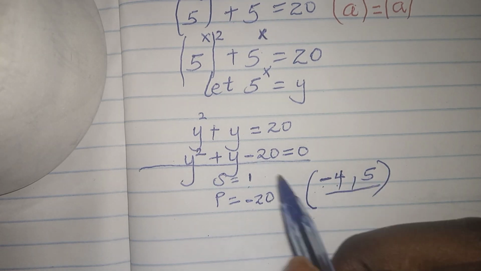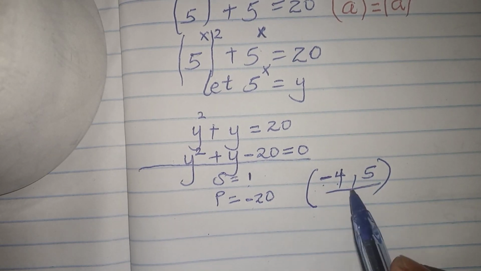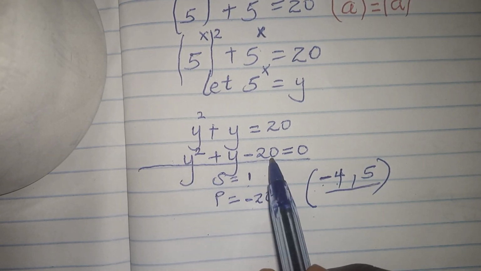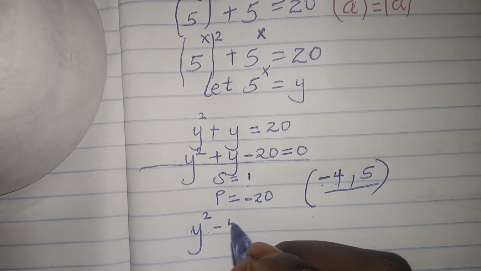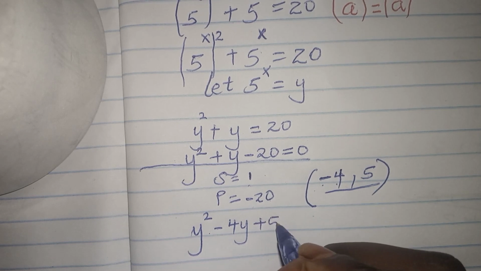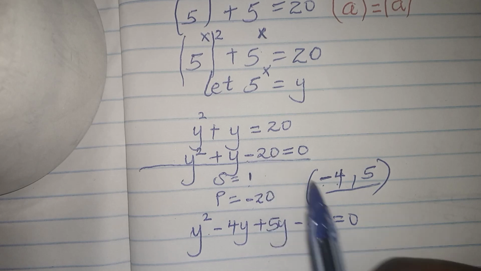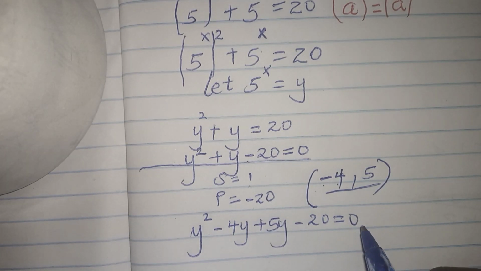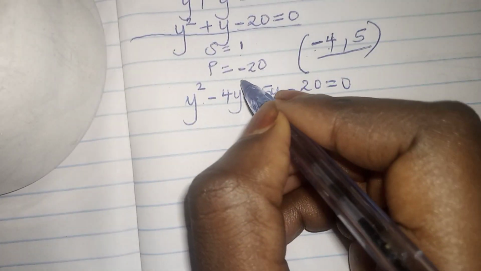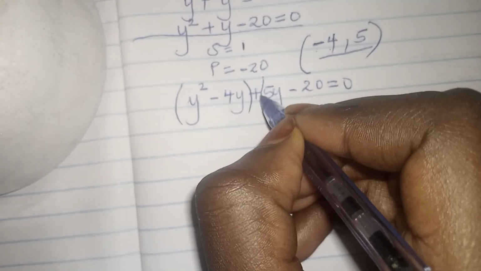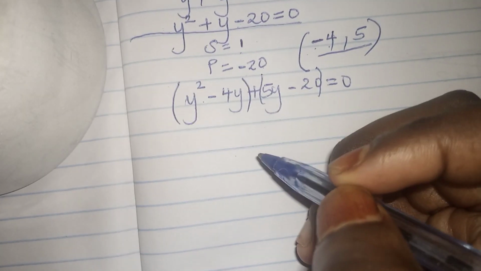So these two numbers, I'm going to substitute them in this quadratic equation. So our next step is to substitute the two numbers in our quadratic equation. So this will be y squared minus 4y plus 5y minus 20 is equal to 0. Okay, our next step is to group them into two terms. So I'll group them, group here and also group this side, and look for a common factor.